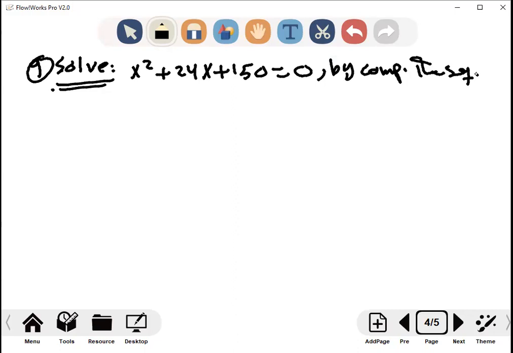The half of 24 power 2, but we have something different, so it is not a perfect square, right? We check two things. After that, a is 1, it is not the half of this power 2 equal this, so it is not a perfect square. Now you can start your steps of completing the square.